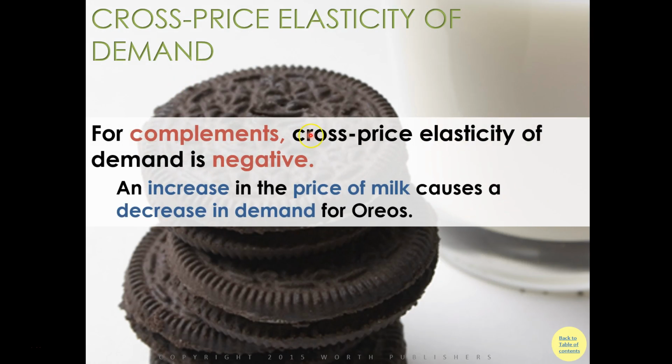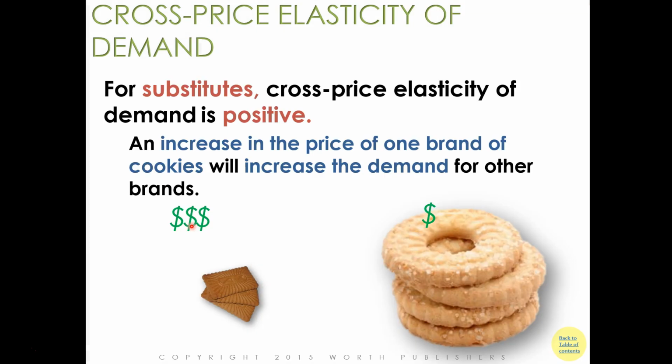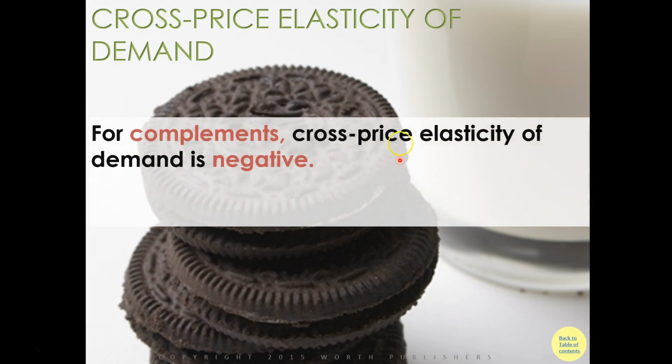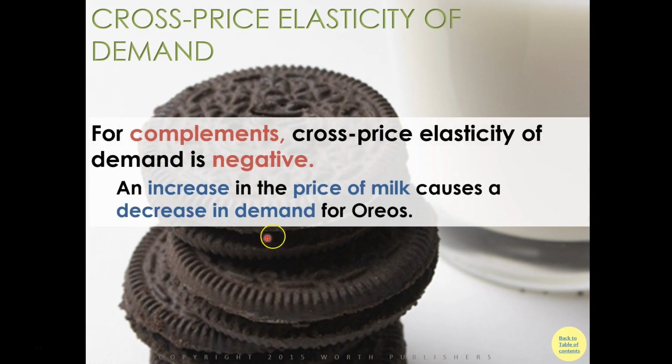For complements, cross-price elasticity of demand is negative. That means an increase in the price of milk causes a decrease in the demand for Oreos. So milk is a complementary product of Oreos. It's not a substitute for Oreos, obviously. One brand of cookie is a substitute for the other brand of cookie, but milk is a complement to Oreos.